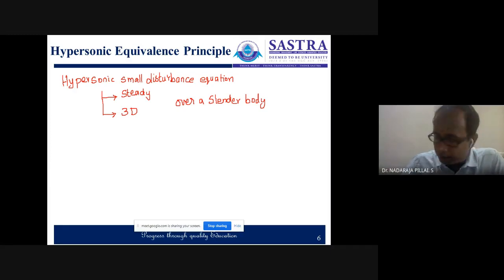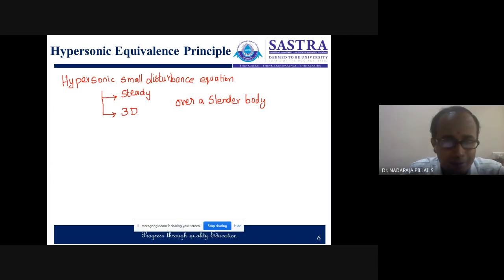So now the sets of equations look identical. If you see the hypersonic small disturbance equation, I recommend you to visit that. Both these sets are identical, so we can say that both are equivalent.